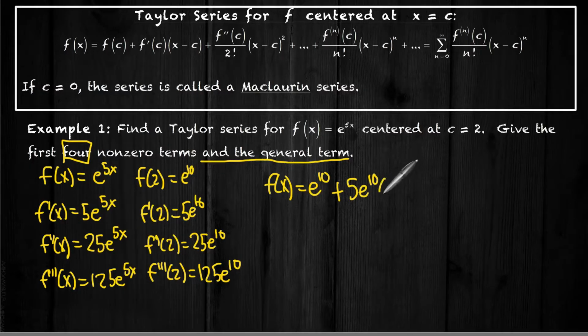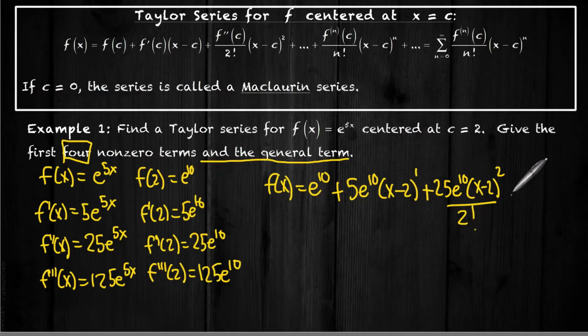And that's going to be centered at 2, so x minus 2, and I'll put that to the first power. And then we have 25e to the 10th, x minus 2 squared over 2 factorial. And then we have 125e to the 10th, x minus 2 to the third over 3 factorial.